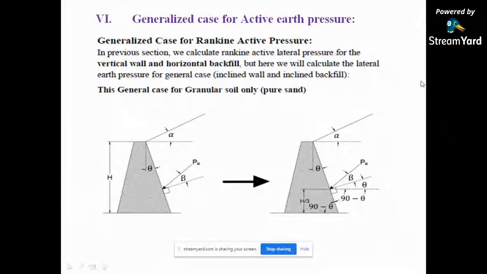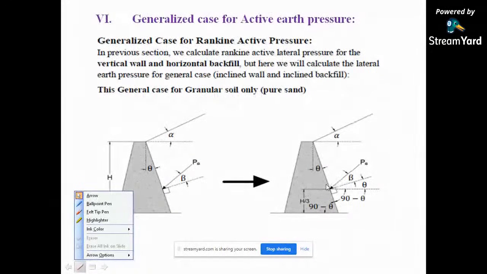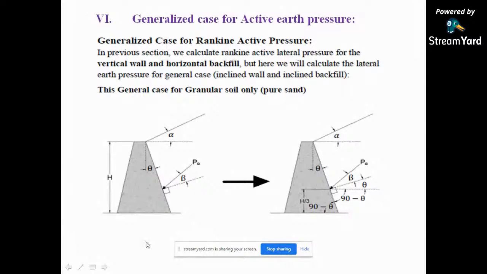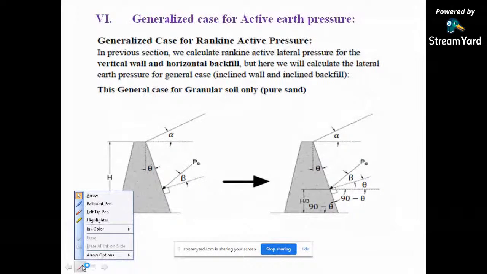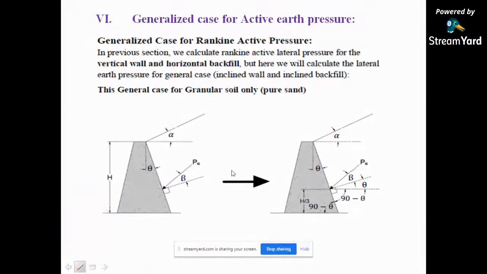When PA is acting at this point, we say that it is acting at h by 3 from the base. This line is your base, so we are saying that PA is acting at h by 3 from the base.